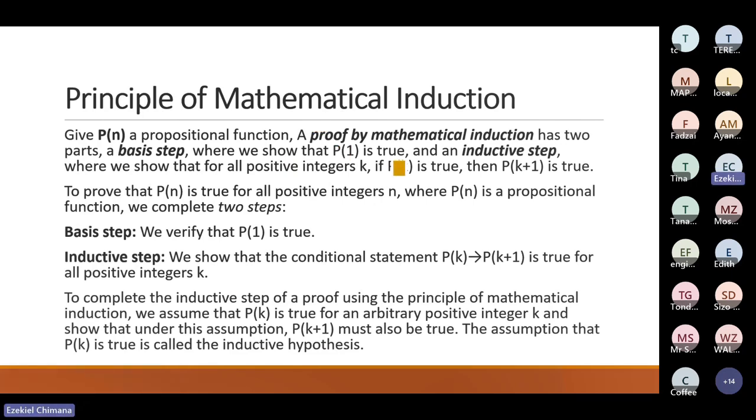So let's do the principle of mathematical induction.